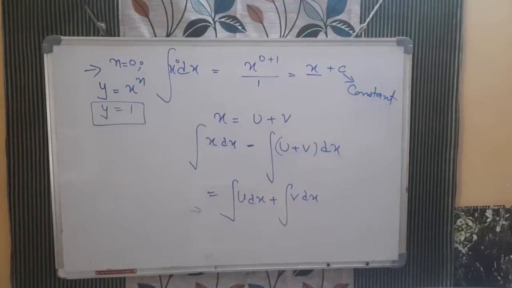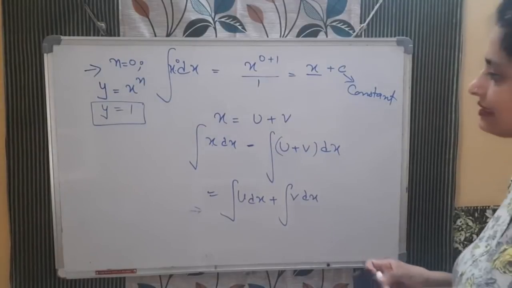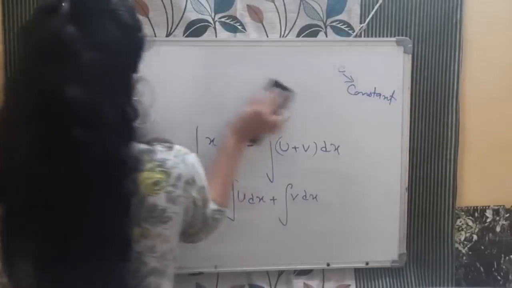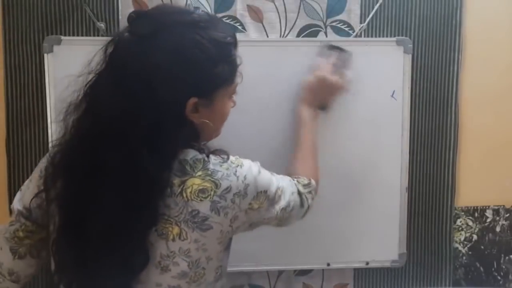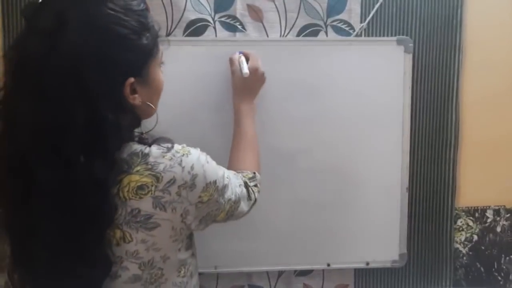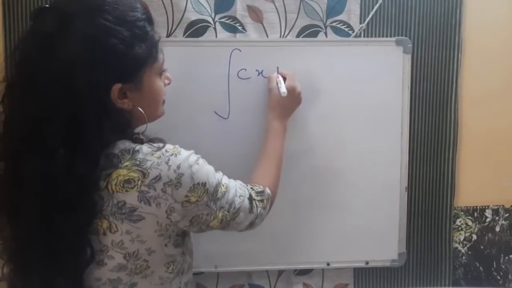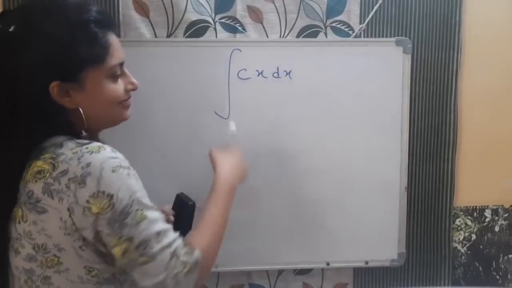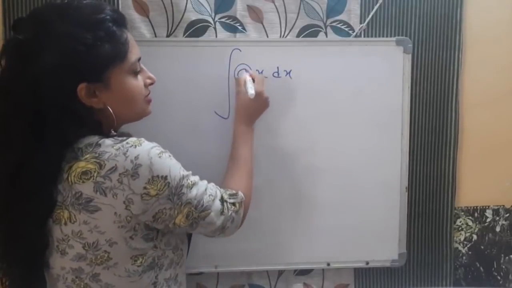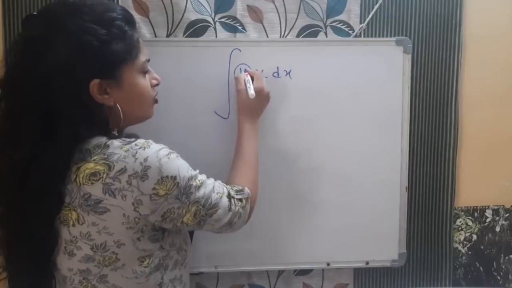Then the fourth formula is what? If this is multiplied with any constant, like cx dx, and I say integrate this thing. Here c is the constant. For example, I can write k only.